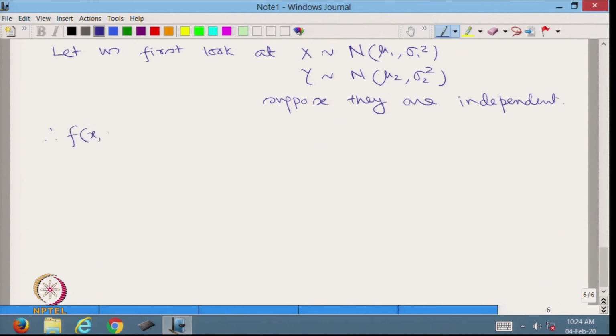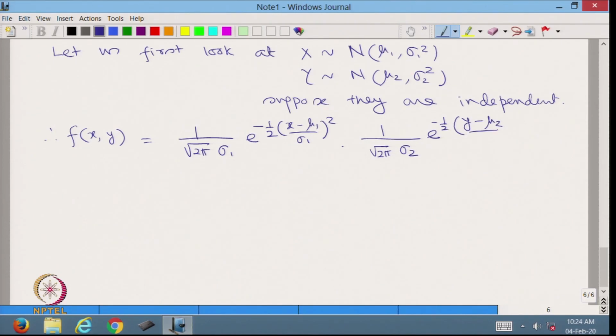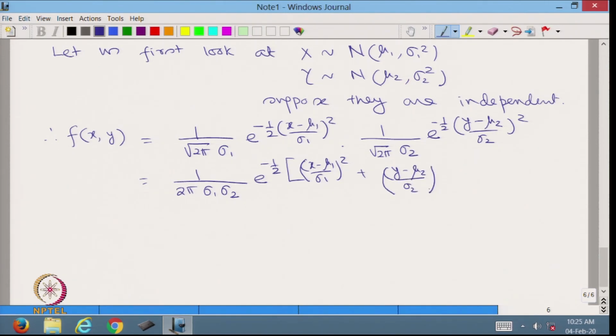Therefore, f x y we know is going to be 1 over root over 2 pi sigma 1 e to the power minus half x minus mu 1 upon sigma 1 whole square multiplied by 1 over root over 2 pi sigma 2 e to the power minus half y minus mu 2 upon sigma 2 whole square, which we can write as 1 over 2 pi sigma 1 sigma 2 e to the power minus half into x minus mu 1 upon sigma 1 whole square plus y minus mu 2 upon sigma 2 whole square.